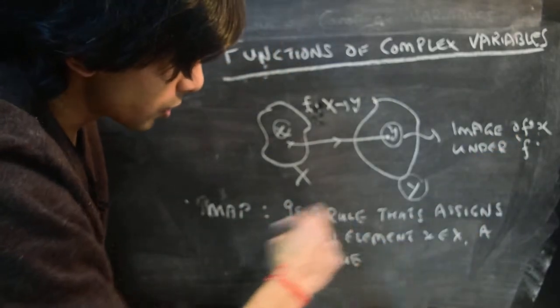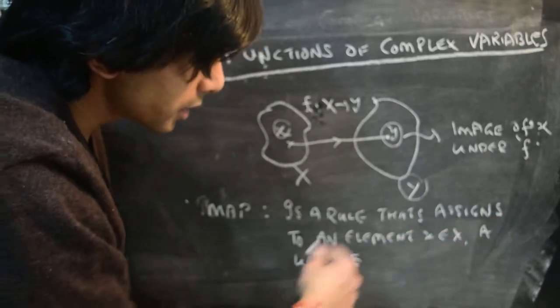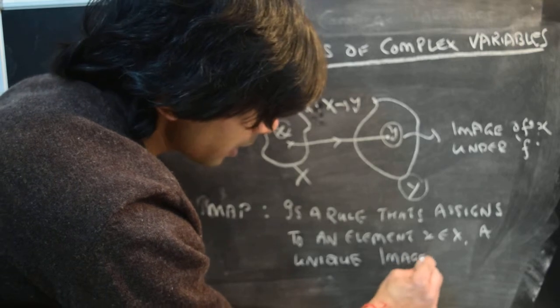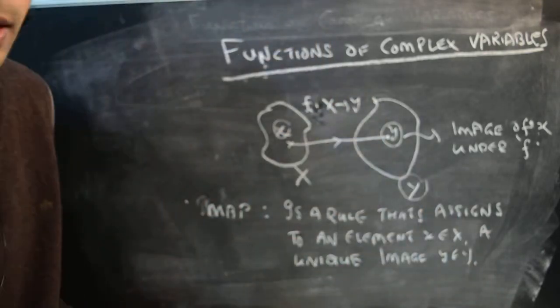So a mapping is a rule that assigns to an element small x belonging to capital X a unique image y belonging to the set Y, right?